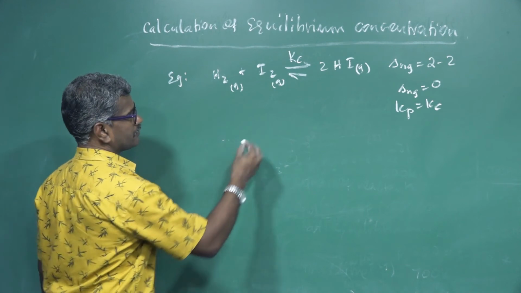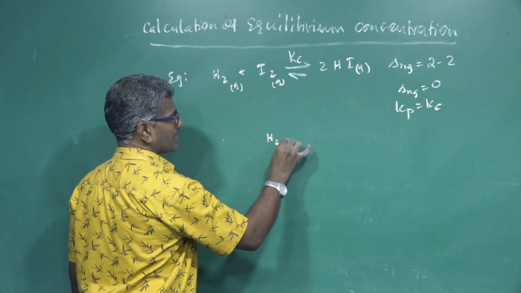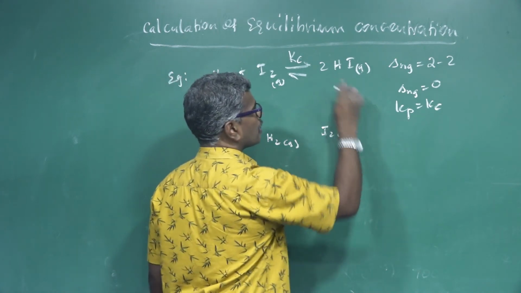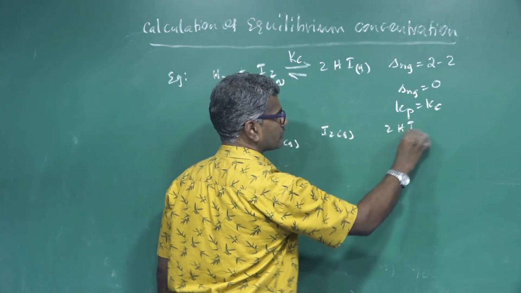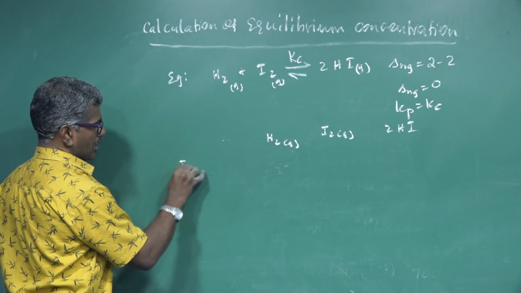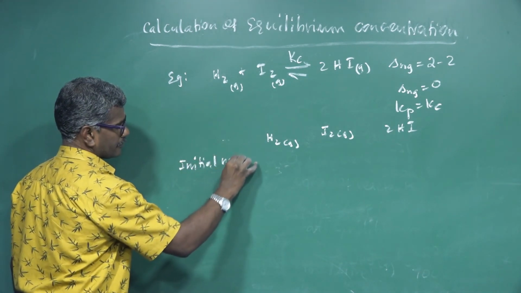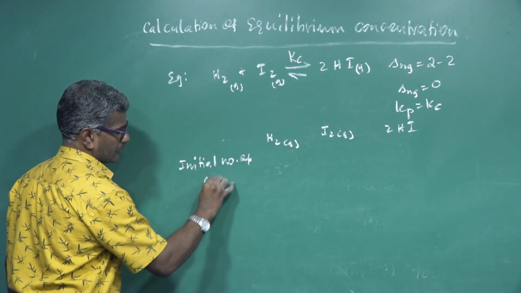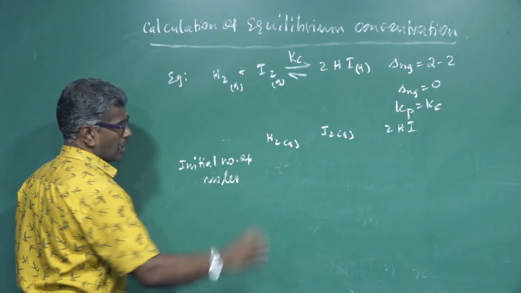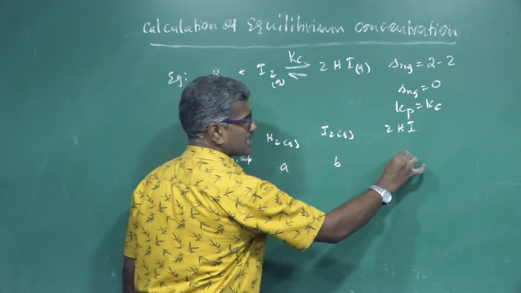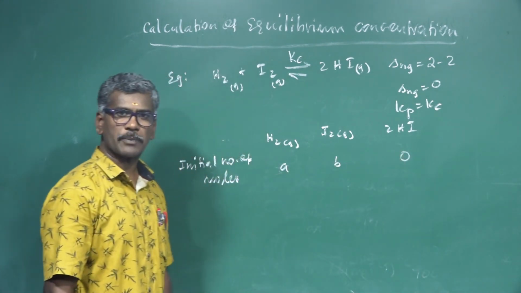For example, hydrogen in the gaseous state and iodine in the gaseous state form 2 HI. Initial number of moles: unknown, A and B, and at the start there is no formation of product.